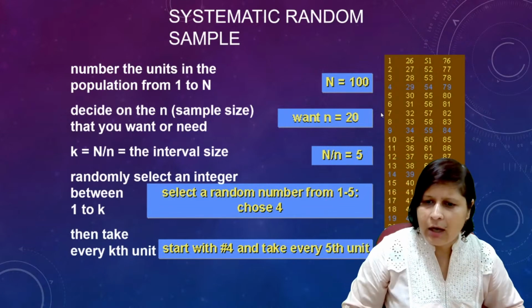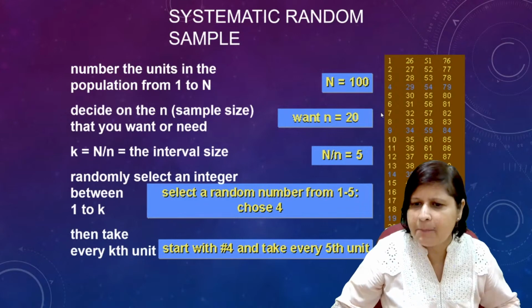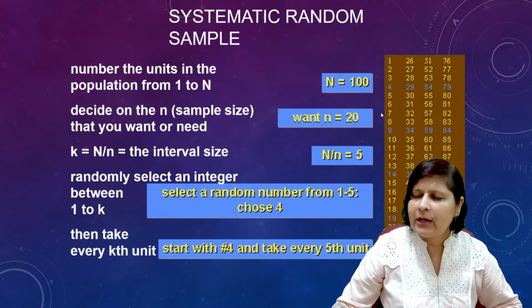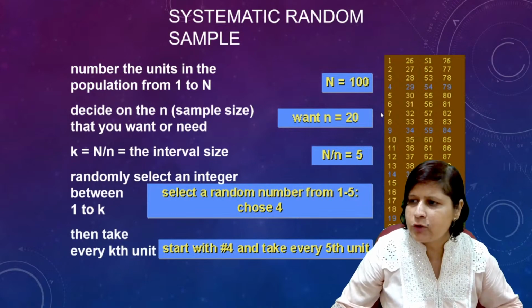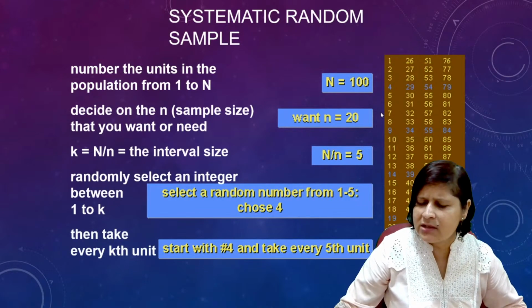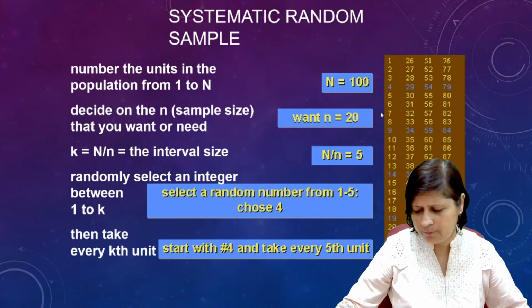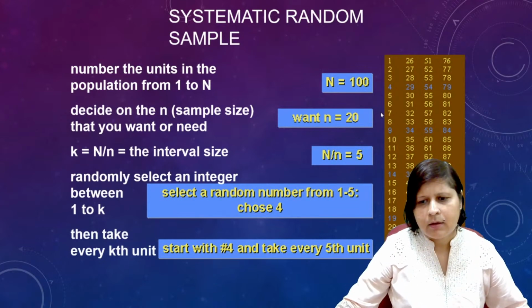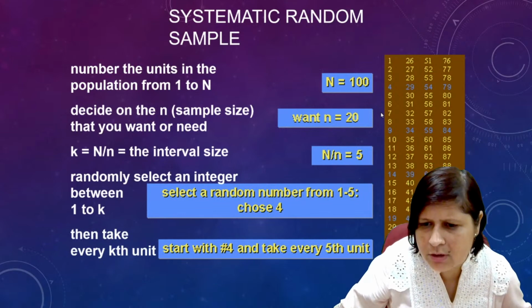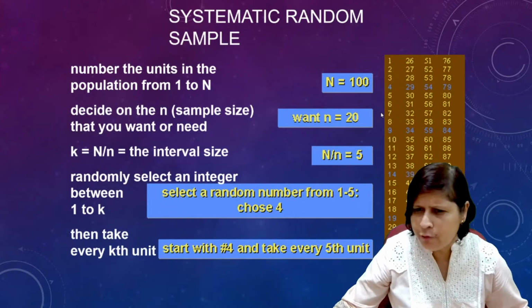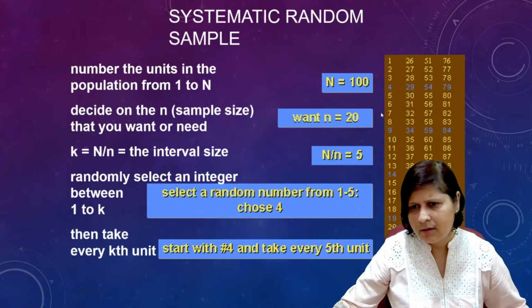Suppose I want 30. My sample size is 30. Then k will be 100 divided by 30. It will come out to be around 3.3. Right? Means it will be again 4 or 3.